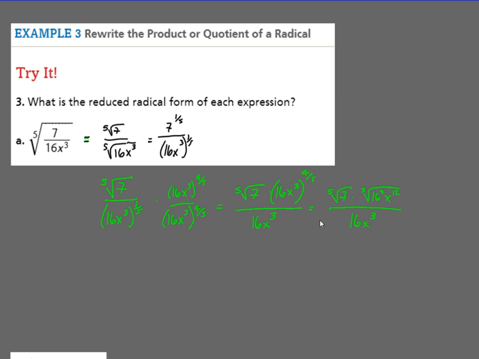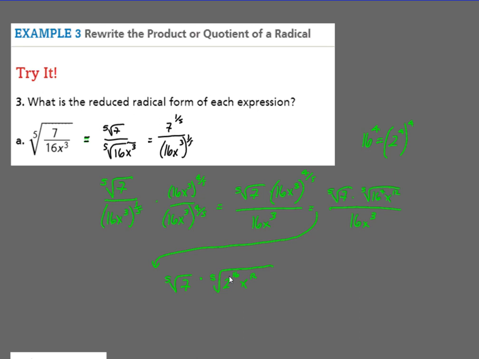Now, I'm going to go over here. The fifth root of 7 times, all right, the fifth root of 16 to the 4th is the same as 2 to the 4th to the 4th, better known as 2 to the 16th. Because 2 to the 4th, you multiply those, you get 2 to the 16th, x to the 12th.